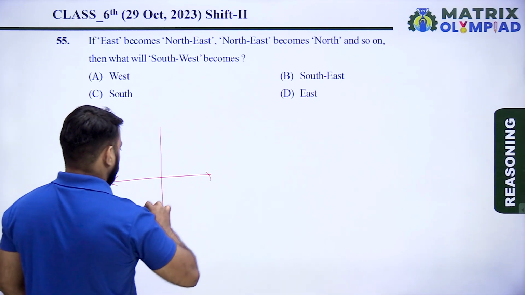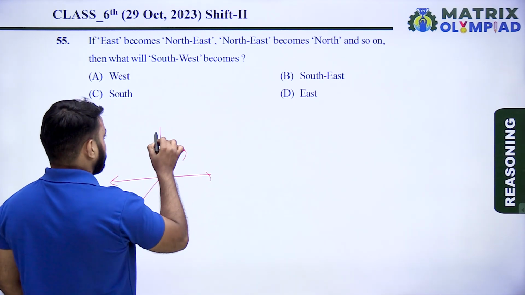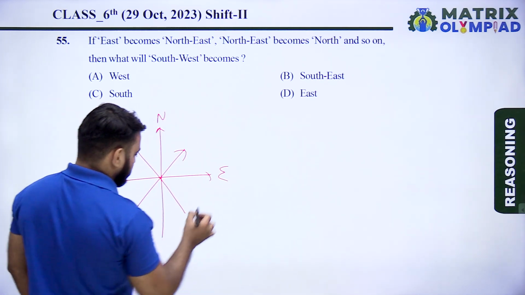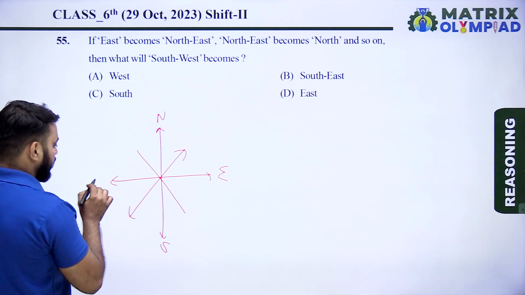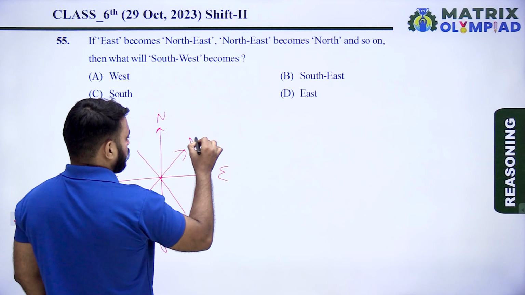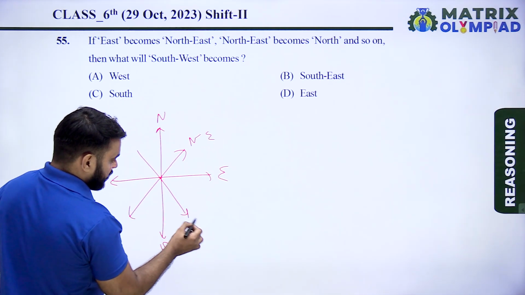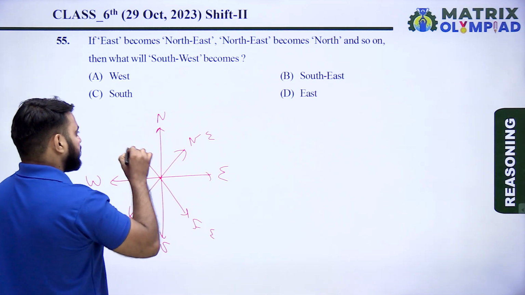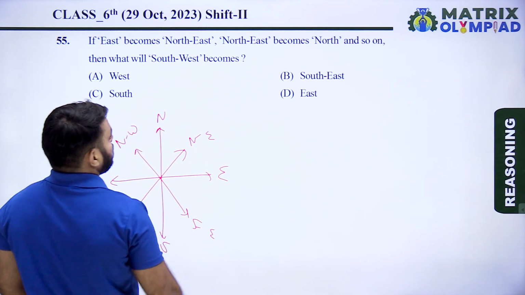According to the ray diagram of directions, this is north, this is east, this is south, this is known as west, and this is northeast, this is southeast, southwest, and this is northwest.